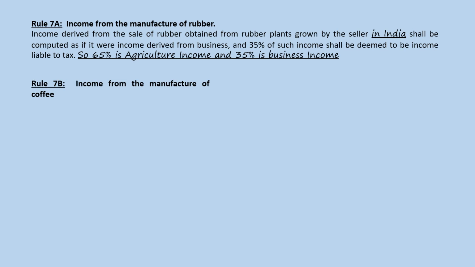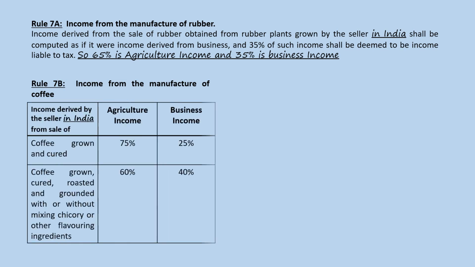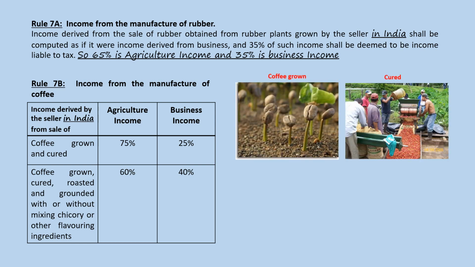Rule 7B, income from manufacture of coffee. Income derived by the seller in India from sale of coffee grown and cured. I've explained in the diagram what is meant by grown and cured. If such a case is there, then agricultural income will be 75% and business income will be 25%.